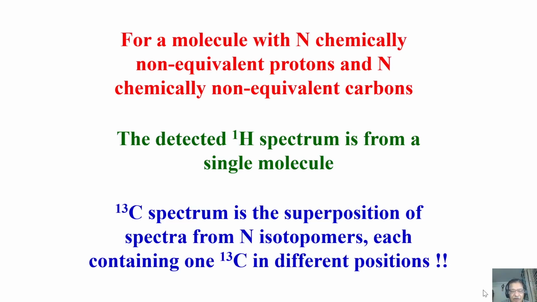What you see is always a superposition of spectra of different isotopomers corresponding to the number of inequivalent carbons. So simple formula, remember, if there are n chemically inequivalent carbons in your molecule, there are n NMR spectra corresponding to each carbon in carbon-13 state. They're all superimposed, and that is what you are seeing.